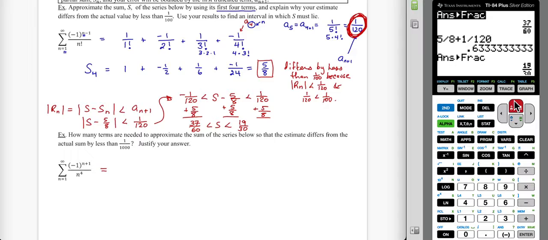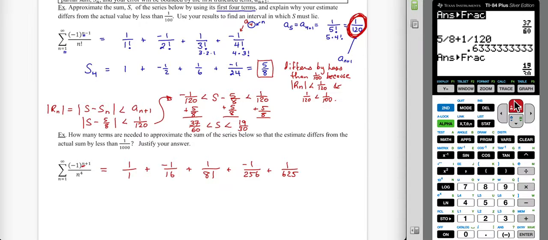If I plug in a 1 here, 1 plus 1 is 2. That's going to give me a positive 1 to the fourth is 1, plus a negative 2 to the fourth is 16, plus a positive, because it's alternating, 3 to the fourth is 81, plus a negative 4 to the fourth, 256 if I'm not mistaken, plus positive, we're up to 5, so 625.